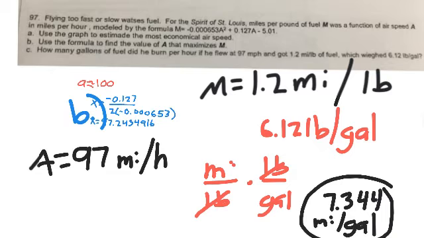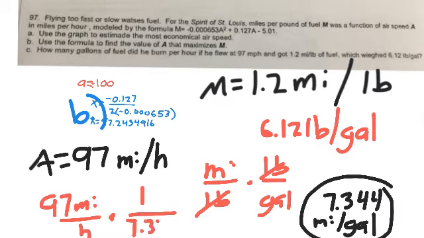So I would divide those, because that's 97 miles per hour times the reciprocal, 1 over 7.344, which is gallons per mile. And you would see my units become gallons per hour, which is what I'm looking for.